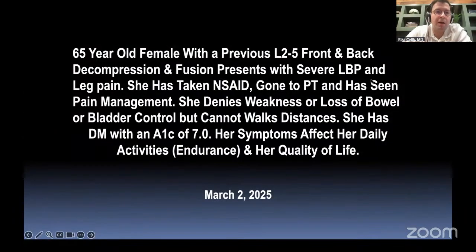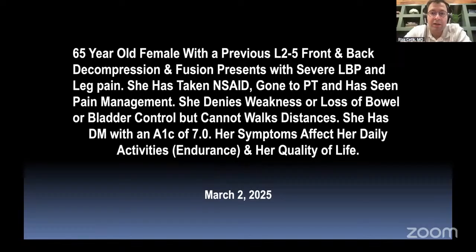So I will present a 65-year-old patient with a previous L2 to 5 front and back decompression and fusion. The patient came back with severe low back pain radiating bilaterally to her legs. She tried some non-operative treatments, anti-inflammatories, physical therapy, and was also seeing a pain management doctor, but without much relief.